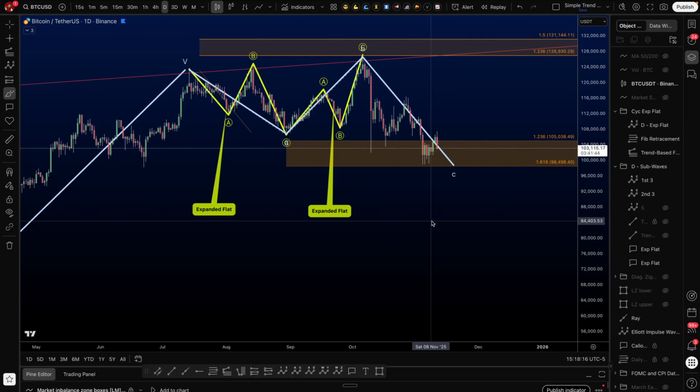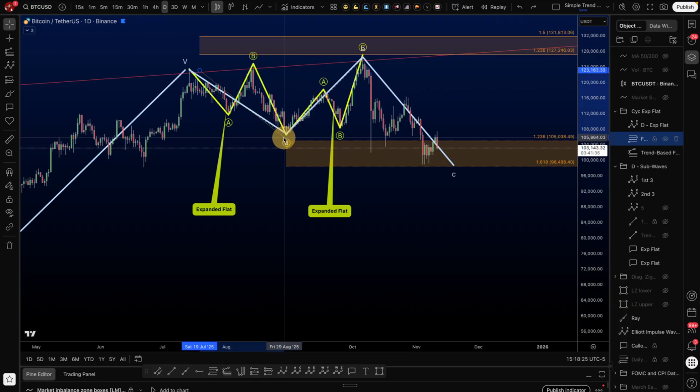And I've measured all these using the same measuring tools that I use for these. And so these all measure out to be expanded flats. They meet the retracement value for wave B and the length value for wave C. The same thing on this one. So both of those being expanded flats I already thought was really kind of interesting.